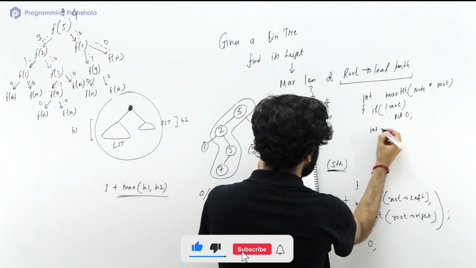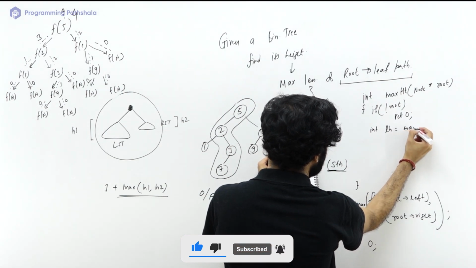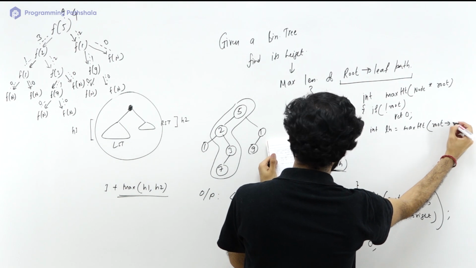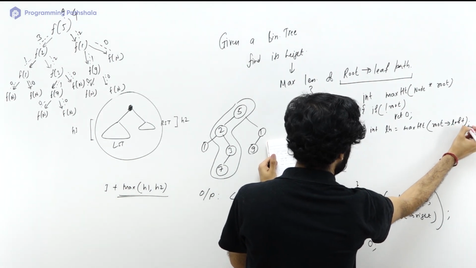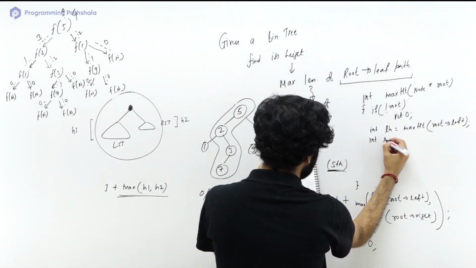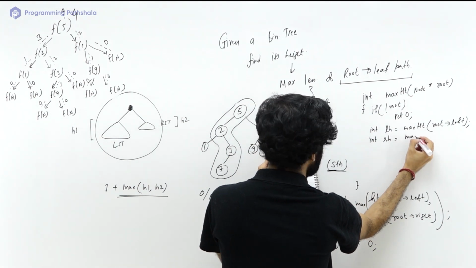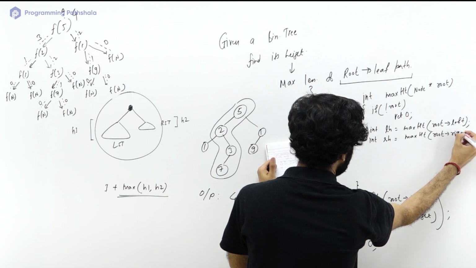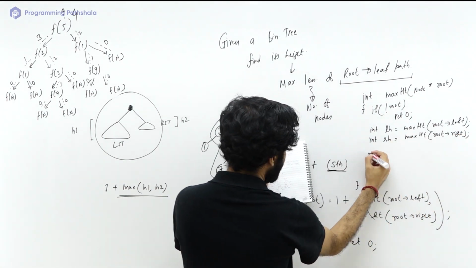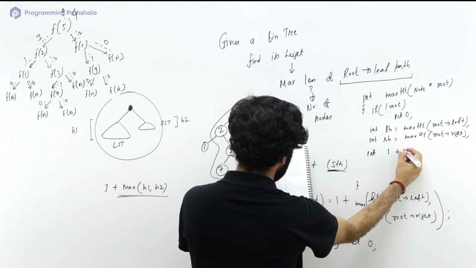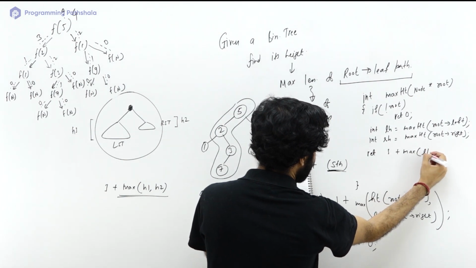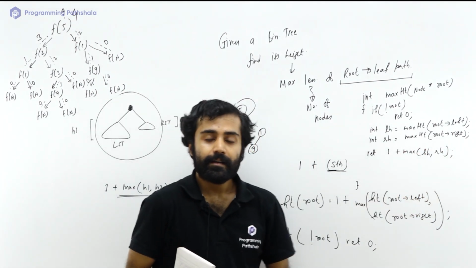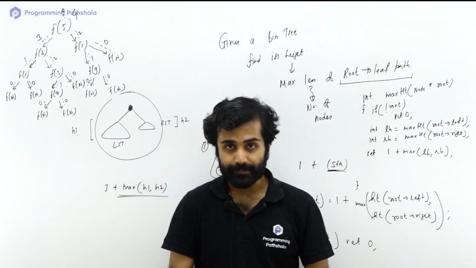So int left height equals max height of the subtree rooted at root left. In exact similar manner, int right height equals max height of the tree which is rooted at root right. And now what you will return will be 1 plus max of LH, RH. Job done.